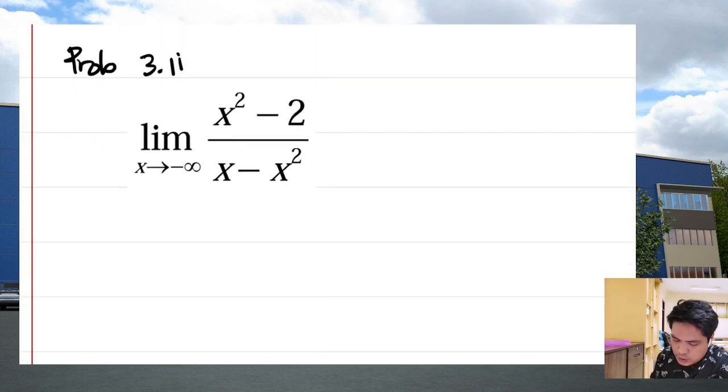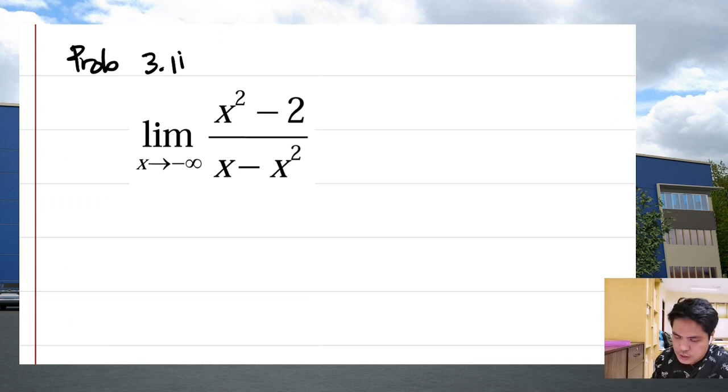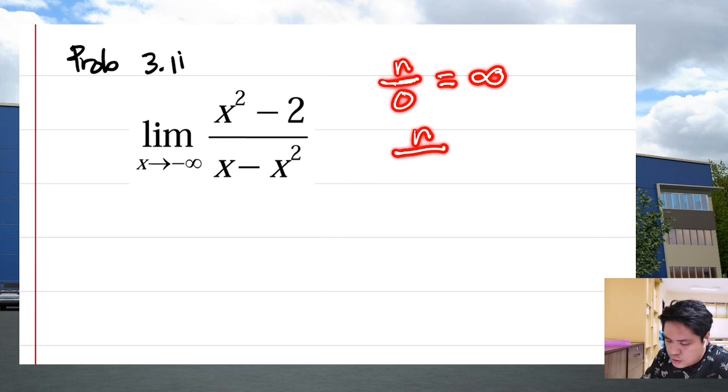So yung complicated dito, although this is still an easy problem, is how do we use this to compute infinity. Okay? So I think I already mentioned this during our bridging classes, that a number divided by 0 is equal to or approaches infinity. So therefore, a number divided by infinity approaches 0.